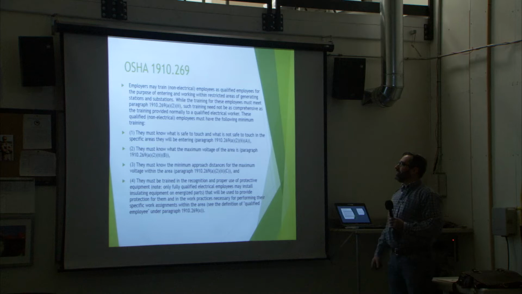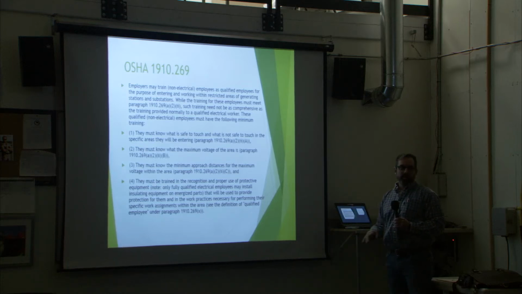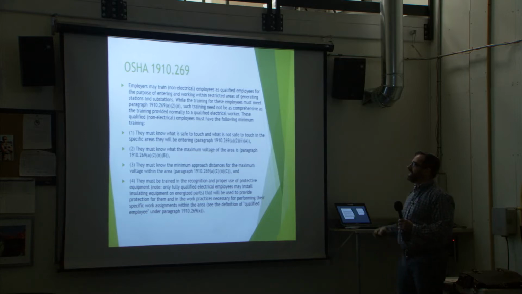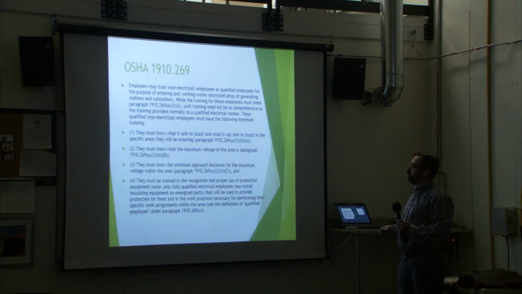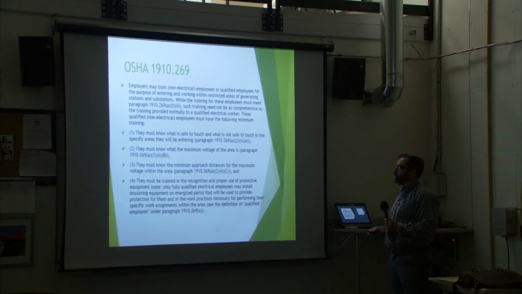Okay. So this is kind of what lays out what a qualified versus an unqualified employee is. So this is OSHA 1910.269. We're just going to go through this real quick if we can. The employer may train non-electrical employees as qualified employees for the purpose of entering and working within restricted areas of generating stations and substations.